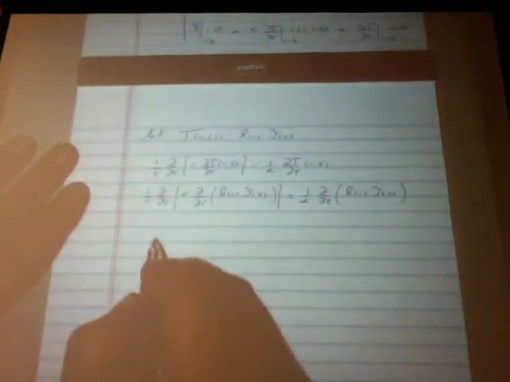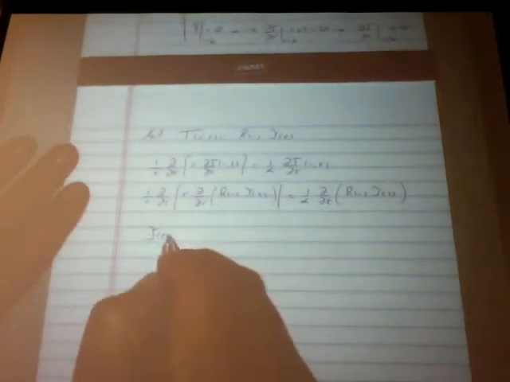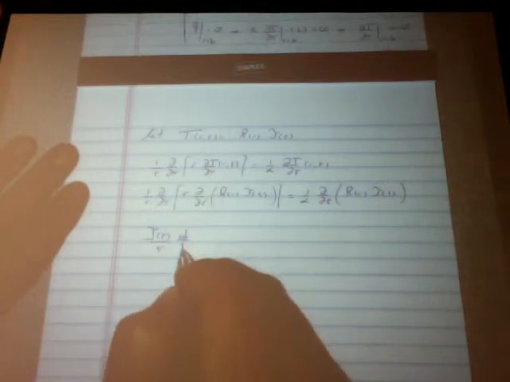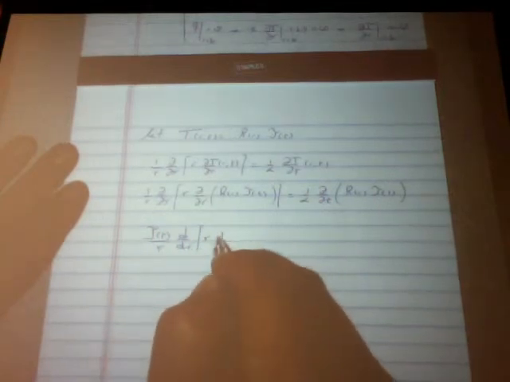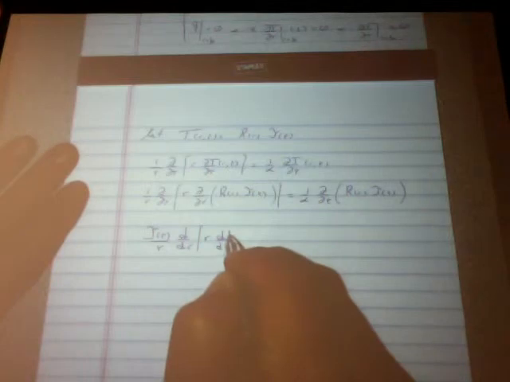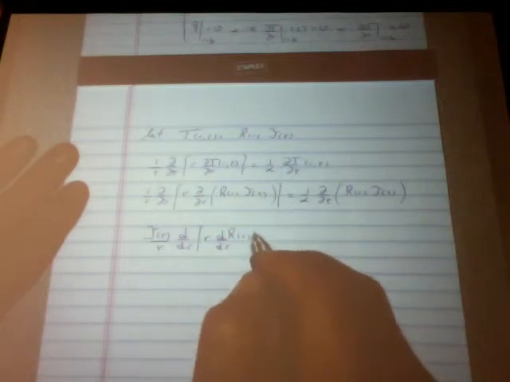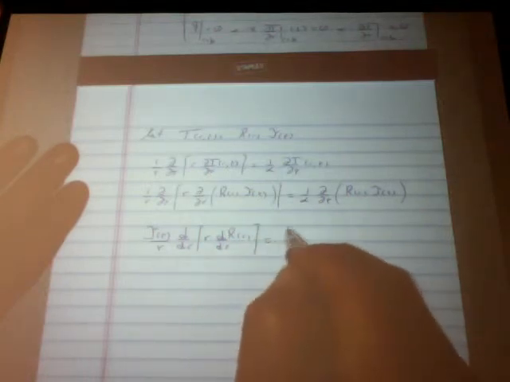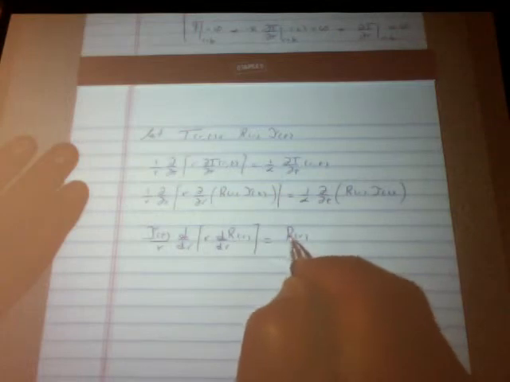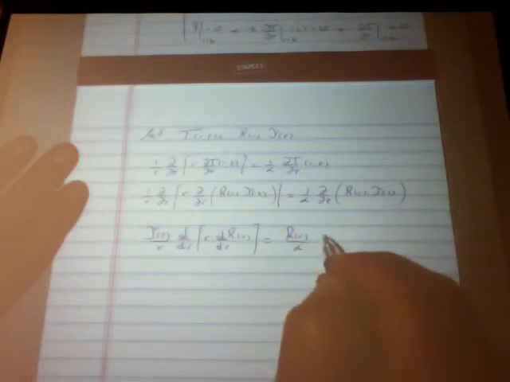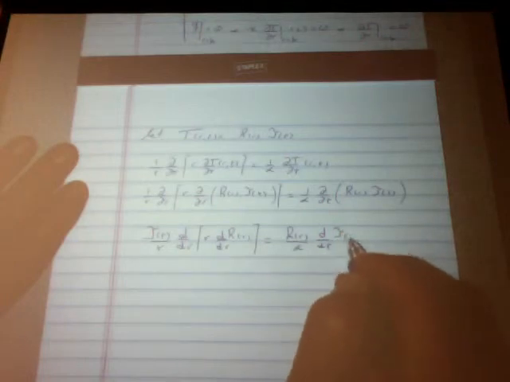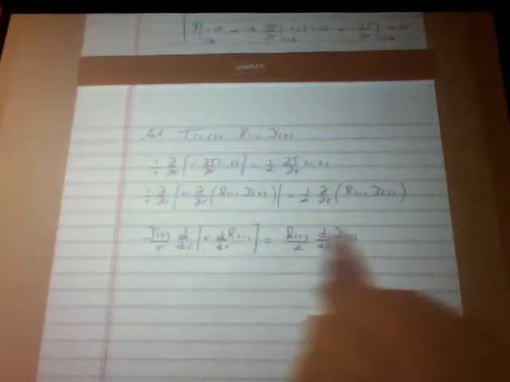So that would be tau of t over r times the total derivative of r times the total derivative of R of r is equal to R of r over alpha and the total derivative of tau of t. And we call that R prime, we call that tau prime.